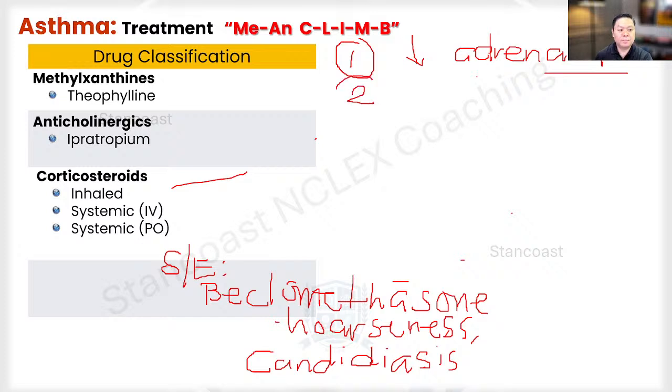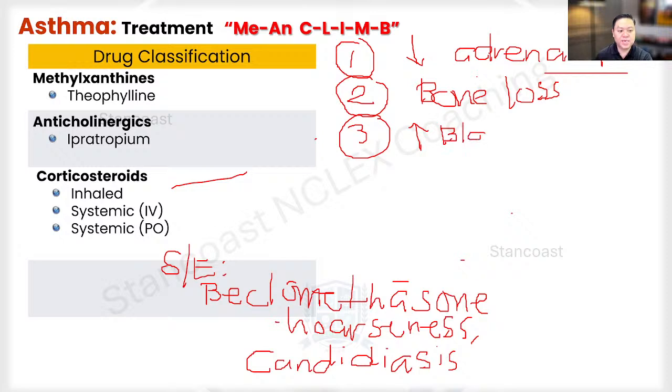And the bone structure will also be affected. There will be bone loss. It can cause bone resorption, and there is also going to be an elevation of the blood sugar. Let me just write this: BLD sugar.